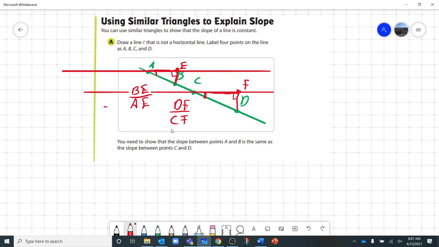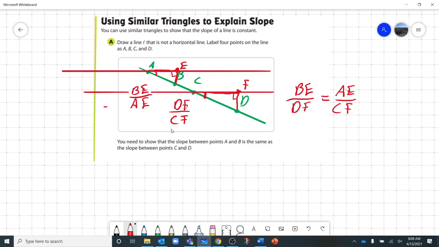BE is proportional to DF. So BE, which we have right here, right? BE corresponds to DF. And that means that we're going to equal AE to CF, because those are the sides that correspond to each other.